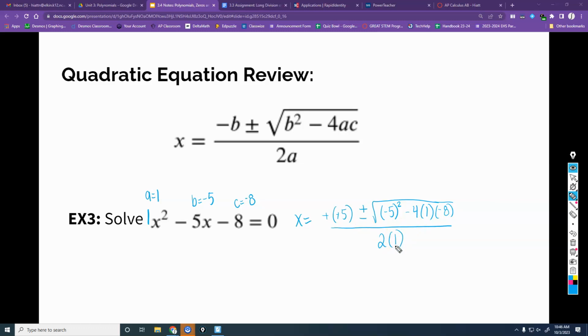Now, we can type this all into Desmos, well, we can't type it all in at one time. Desmos will not let you do the plus or minus in there. You'd have to type it once with a plus and once with a minus. In fact, let's do that.